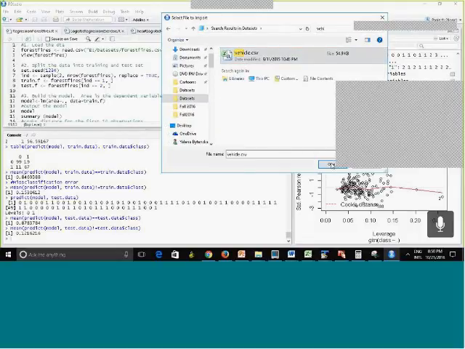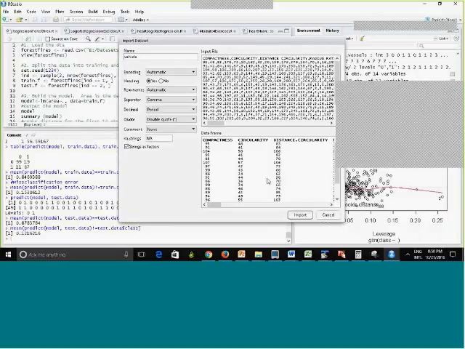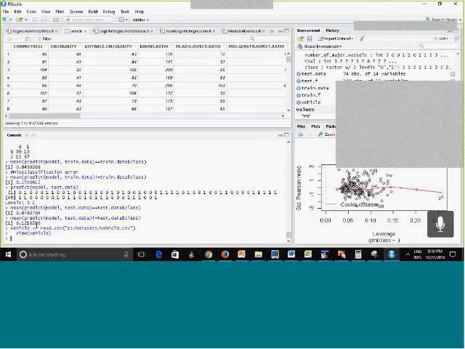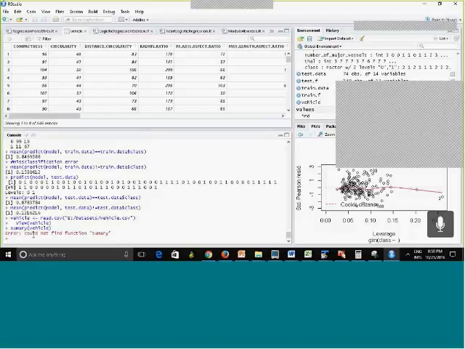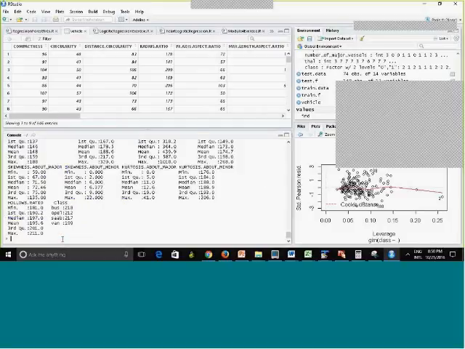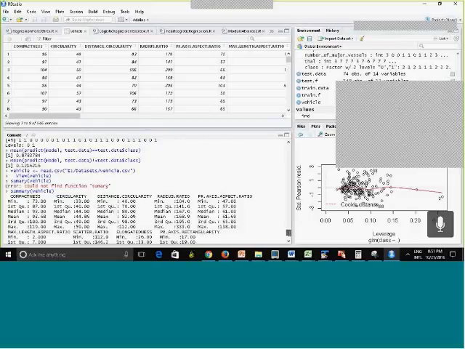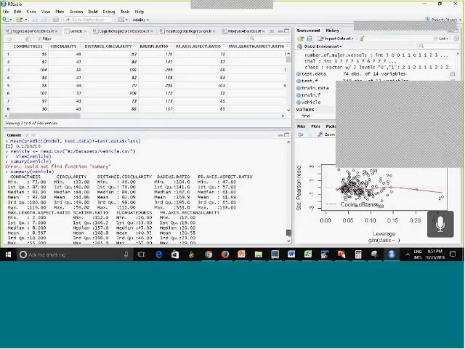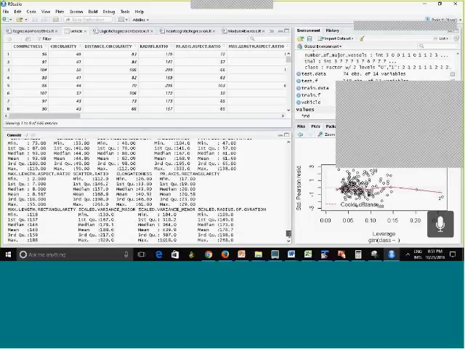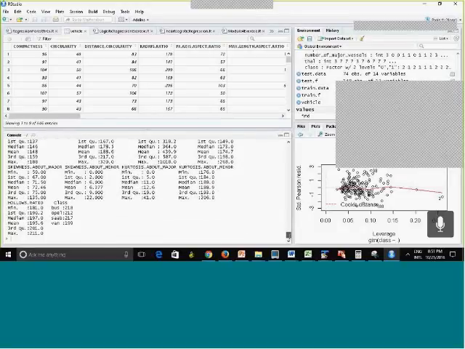Here it is. This is your homework data set. I wanted to show you something. If I run the summary command, I want you to look at the categorical variables.